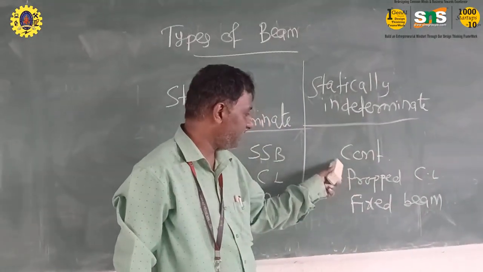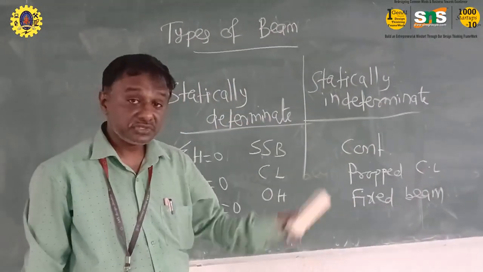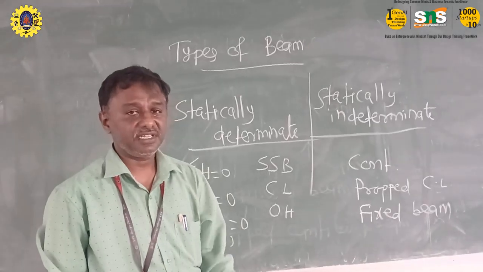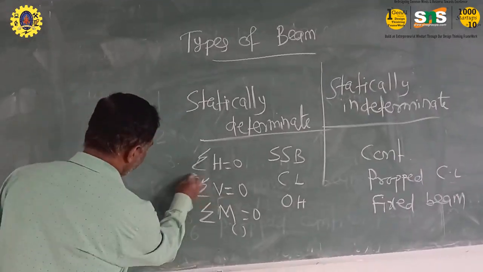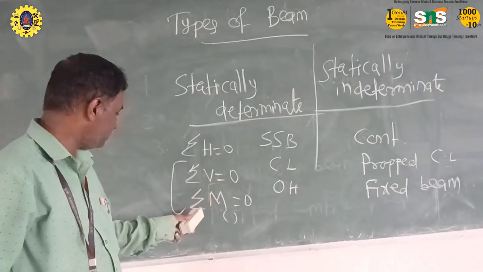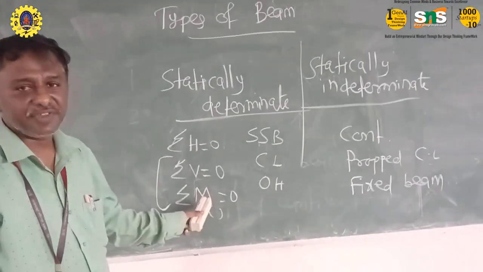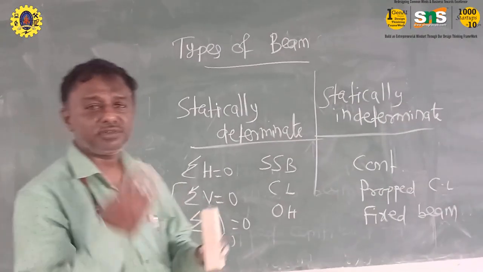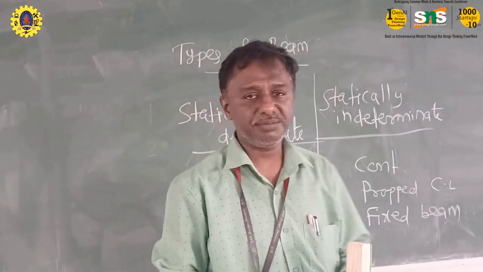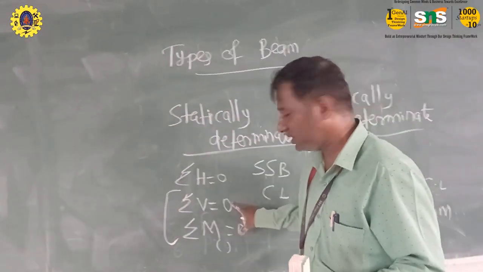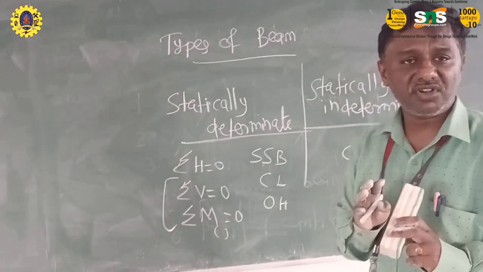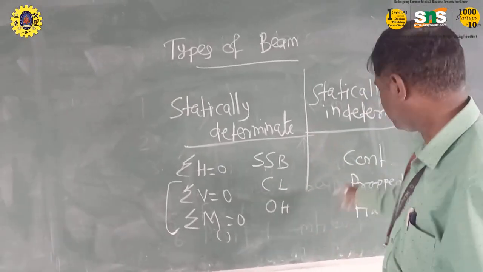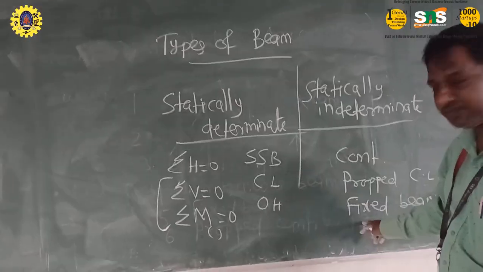Here the number of reactions is more than two. We have only two effective equations, sigma F equal to 0 and sigma M equal to 0, if purely vertical loads are applied on the beam. So when more than two unknowns are there in the beam, those beams are called statically indeterminate beams.